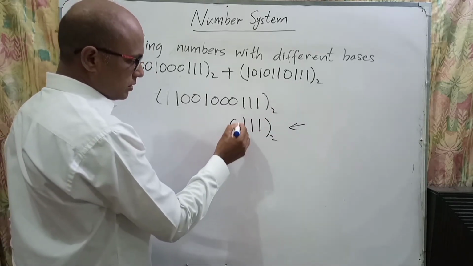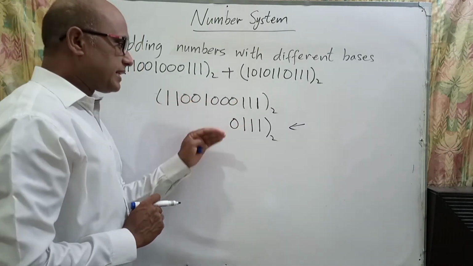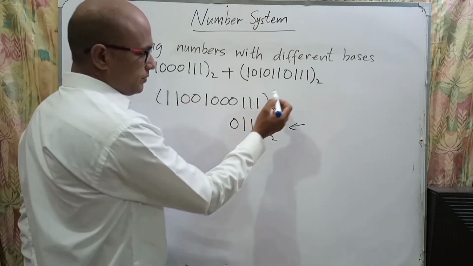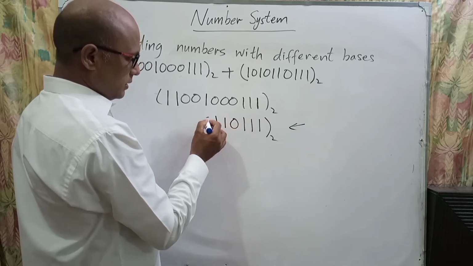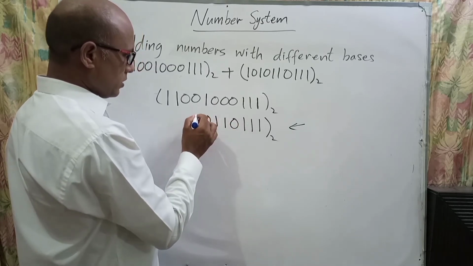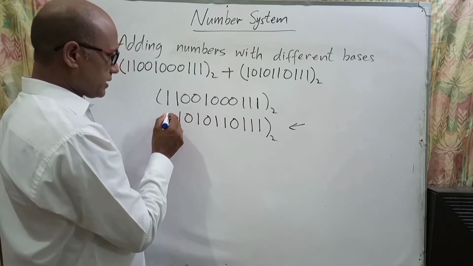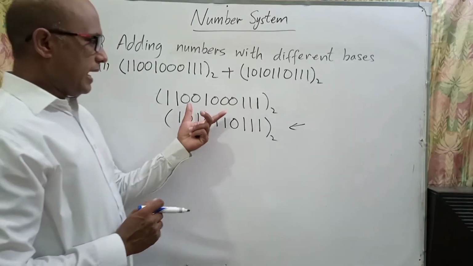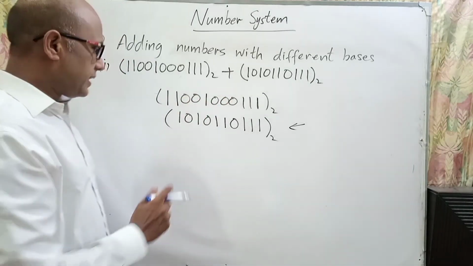Then 0. Exactly write the digits under the digits which are written above. 1, 1, 0, 1, 0, 1. So, students, this number has 10 digits and the number written above has 11 digits.